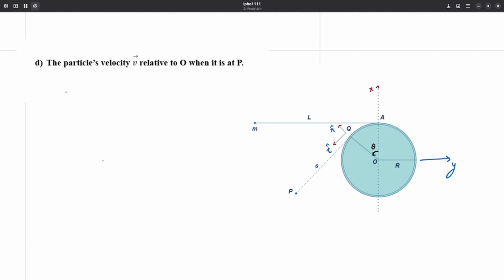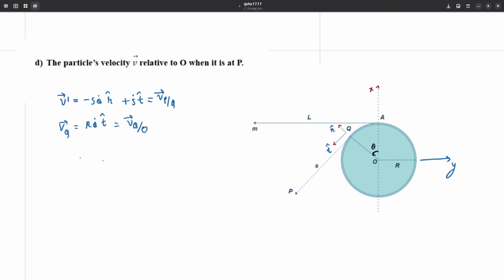We are asked to find the particle's velocity relative to O when it is at P. So we know from the previous answers that V prime is equal to minus s theta dot r cap plus s dot t cap, and VQ is equal to r theta dot t cap. Now this is the velocity of point P with respect to Q, and this is the velocity of point Q with respect to O. Hence we can write an equation to bring out the nature of these velocities.